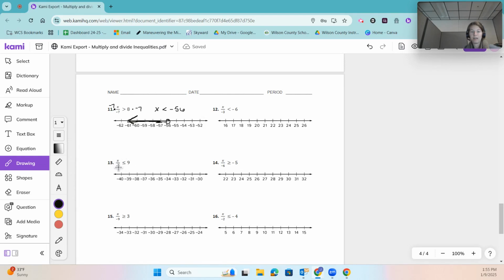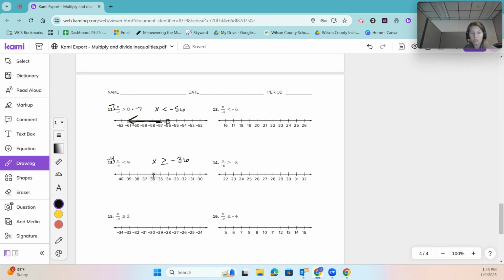Again, x divided by negative 4, multiply by negative 4, so that means I have to flip my sign. X is now greater than or equal to, 9 times negative 4 is negative 36.